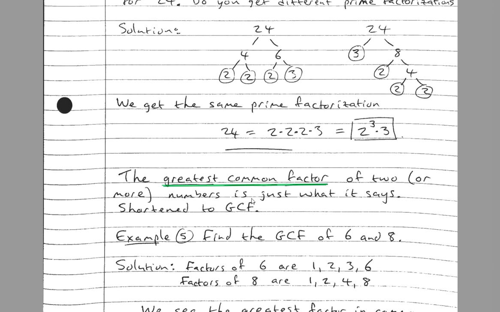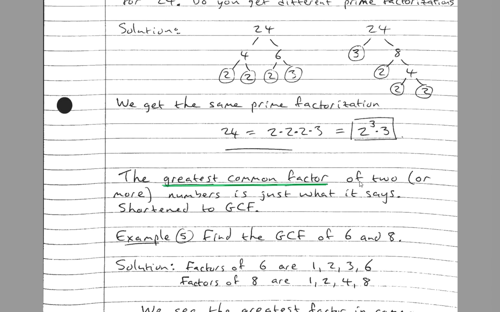Okay, so here's the next idea we need: the greatest common factor of 2 numbers, or maybe more than 2 numbers. It's GCF. And it's a good name, it's describing what it is.